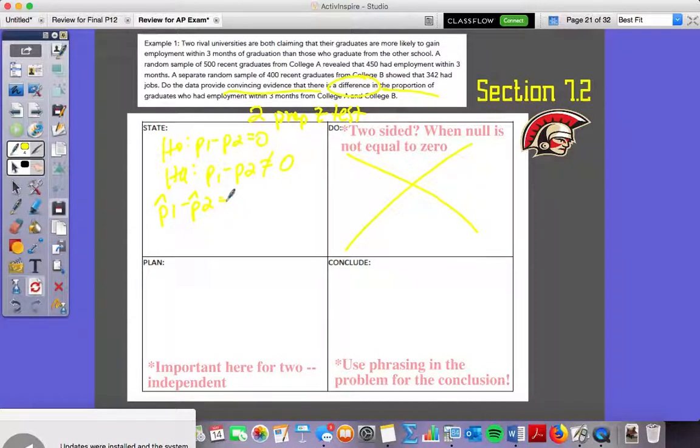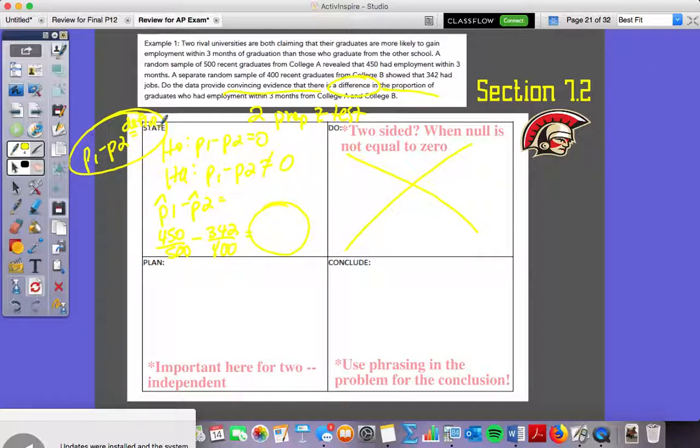So I need to find this based upon, yeah, the first one would be 450 of 500 minus the 342 over 400, and then I would find what that sample difference would be. I'd also need to define what P1 minus P2 would be. Make sure we define that, right?